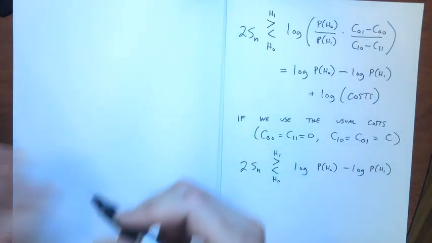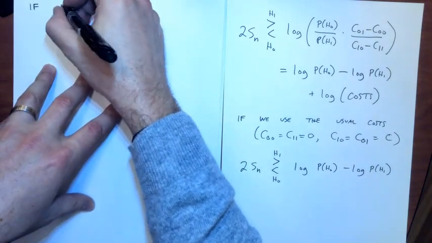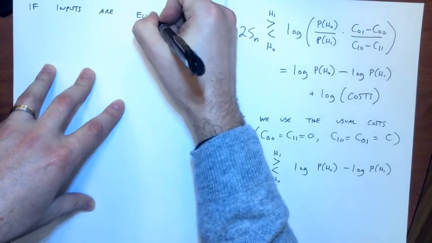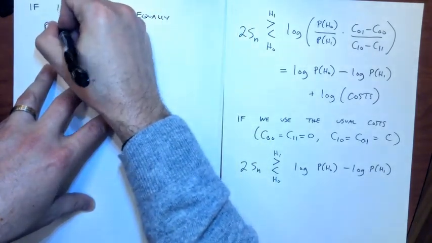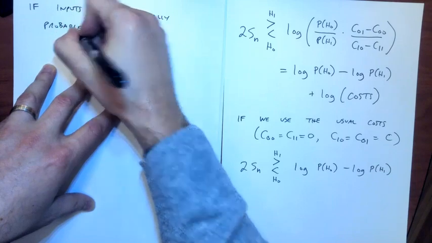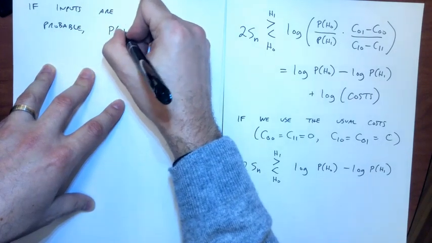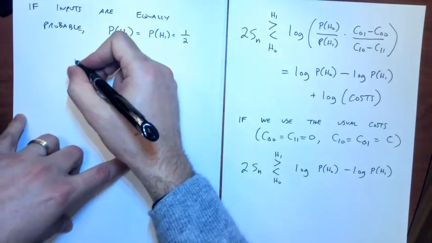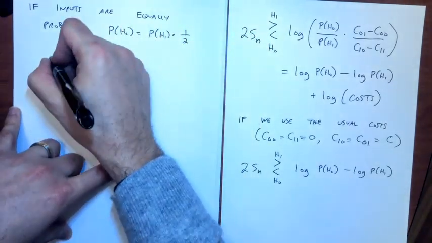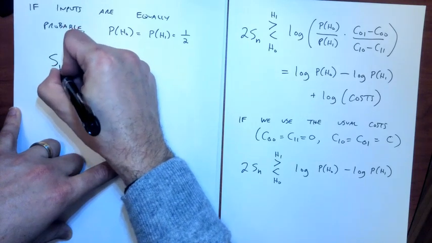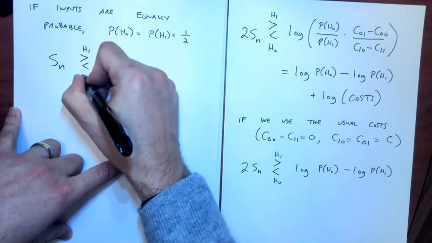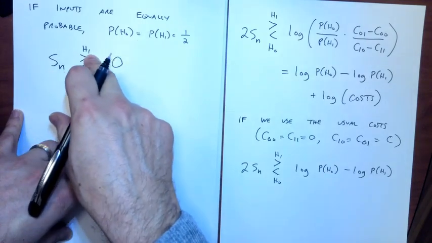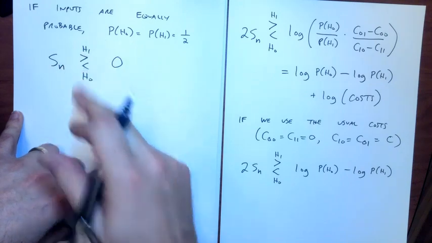So if the inputs are equally probable, that is to say that the probability of being in either case is 1/2, then the result is just saying if the sum is positive, then I choose H1. If the sum is negative, I choose H0, right?